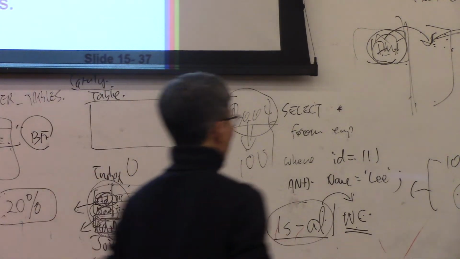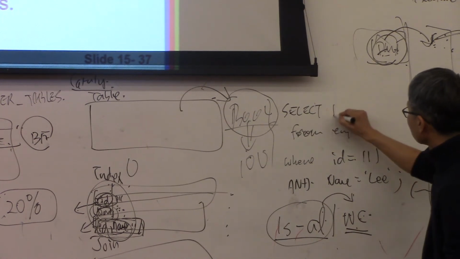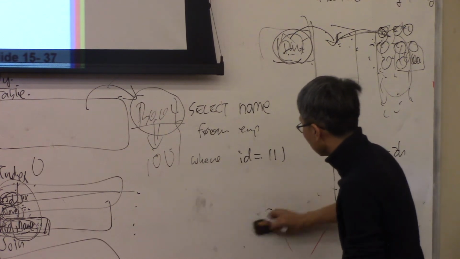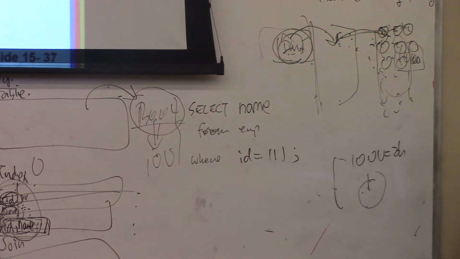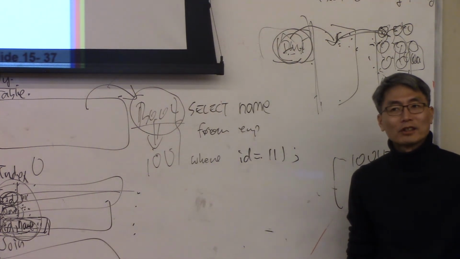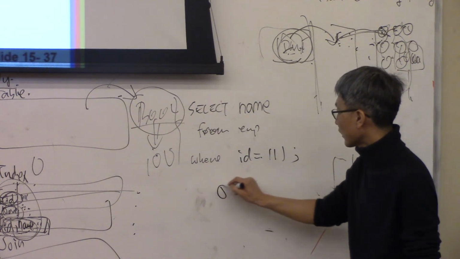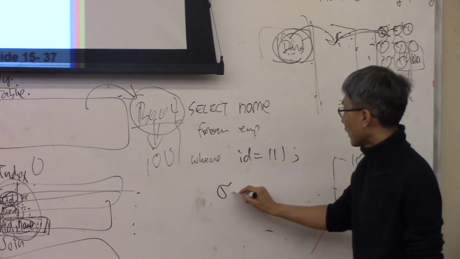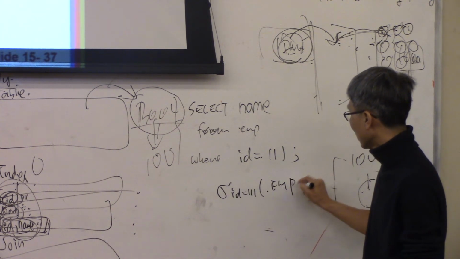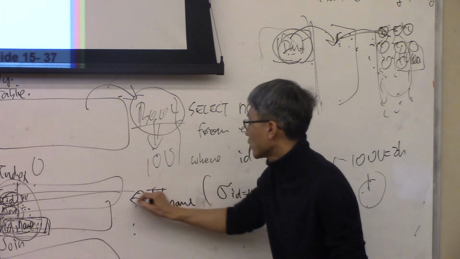One example is you select the data. What is a relational algebra operation? Relational algebra expression. Selection ID from employee, then project name and result 1.